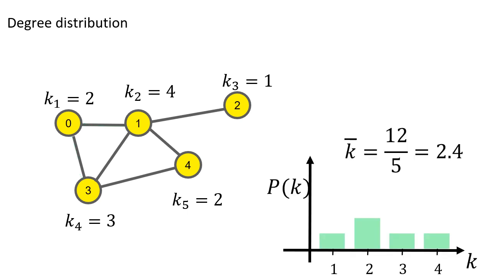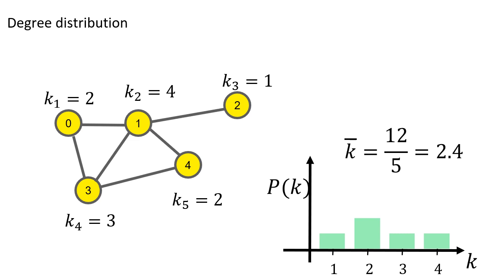Okay, the degree distribution is a histogram of the degree. For example, I indicated here node 1 has degree 2, node 2 has 4, then 1, 3, 2. Then you can make a histogram for the degree, that is the degree distribution. Here I represent it as pk.